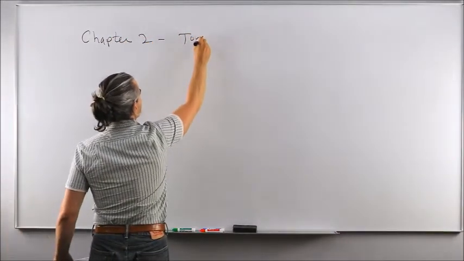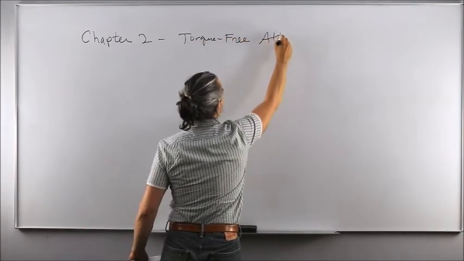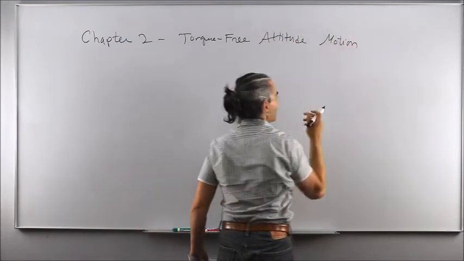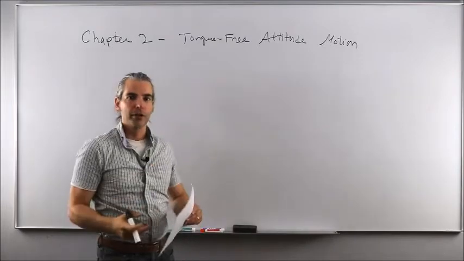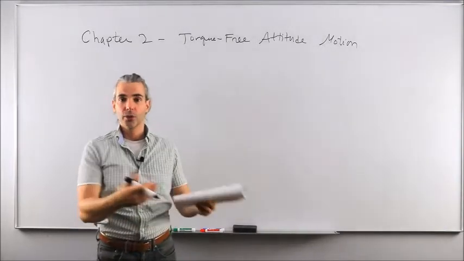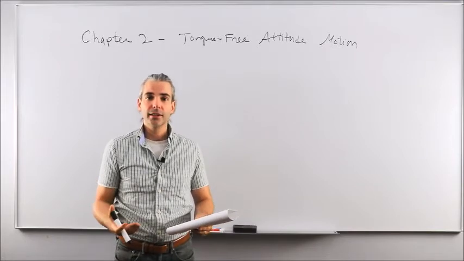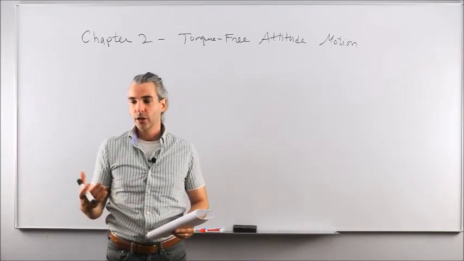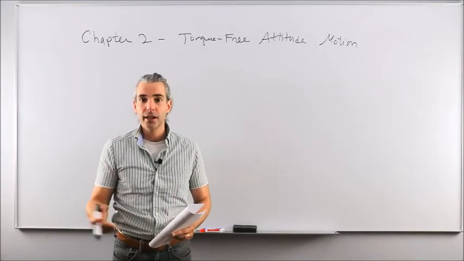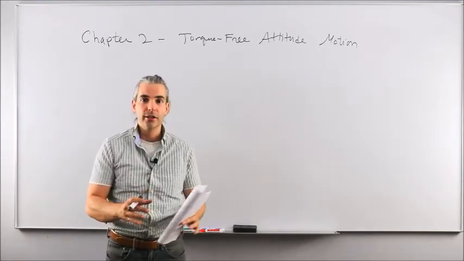So torque-free attitude motion. Now, obviously, this torque-free or natural motion assumption is not true in practice, because a spacecraft orbiting about the Earth or any primary body in space would be experiencing some perturbing torques from the atmospheric drag, from the solar radiation pressure, from the gravity gradient effect, and all those things would torque the spacecraft about its center of mass in some ways.